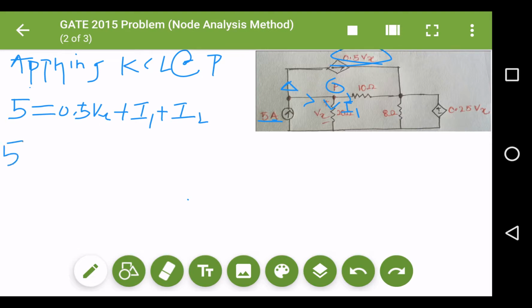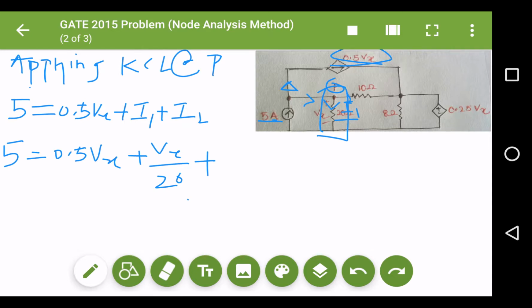Following this equation, we can substitute the values of I1 and I2. So 5 equals 0.5 Vx plus, what is I1? I1 is Vx upon 20 ohm resistance. This is just Ohm's law that I applied: current equals voltage upon resistance. So the current flowing in this branch is Vx upon 20.